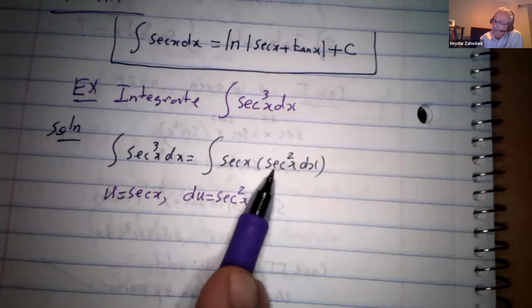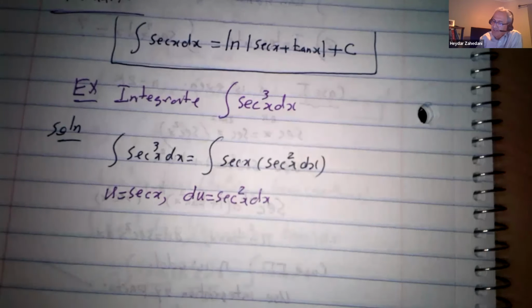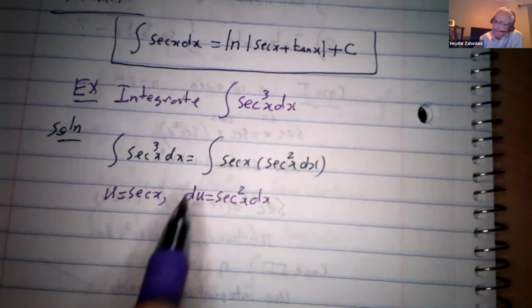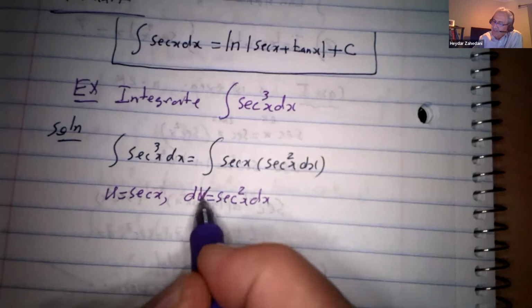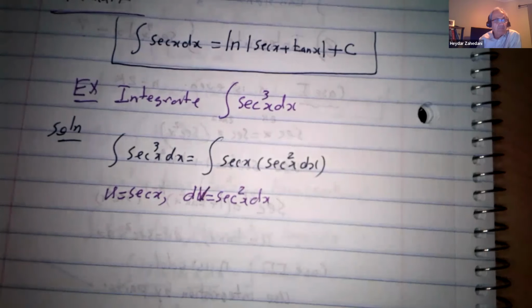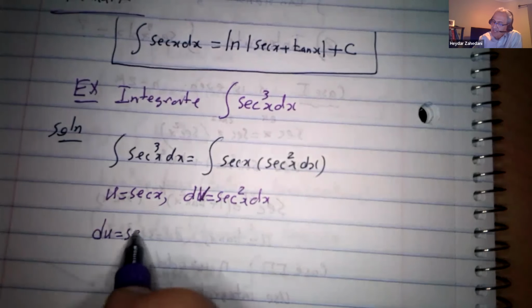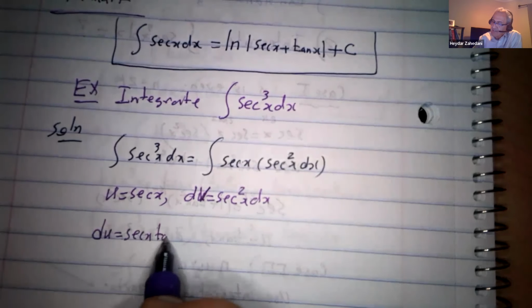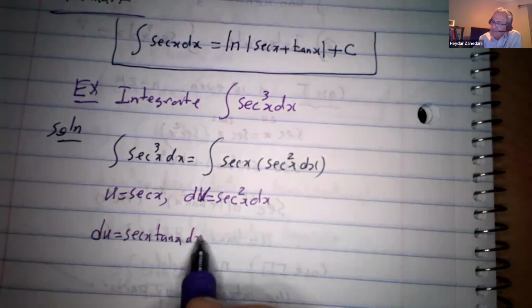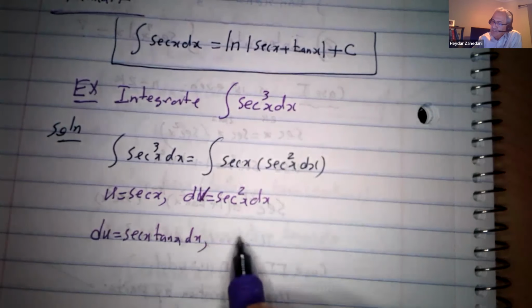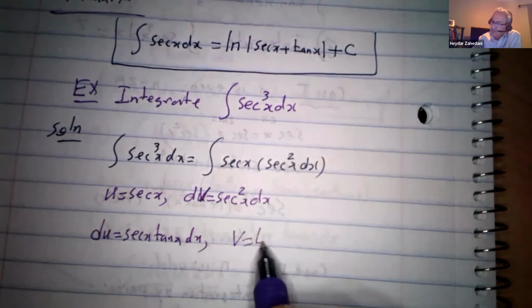You need secant square dx to call it dv. Because you have to integrate. Remember, when we get the u, you have to find the du, which is secant tan. And this is, you integrate the secant square that gives a tangent.